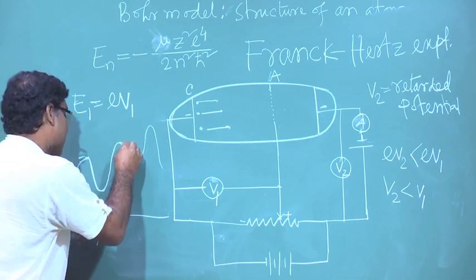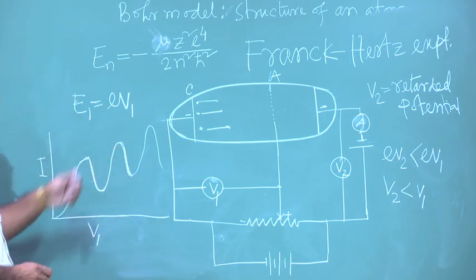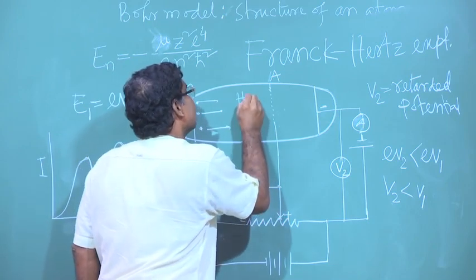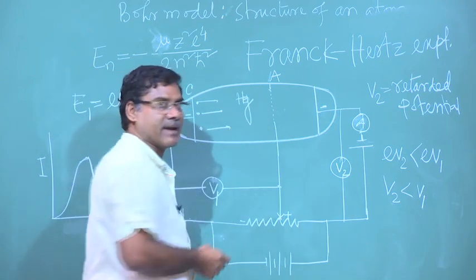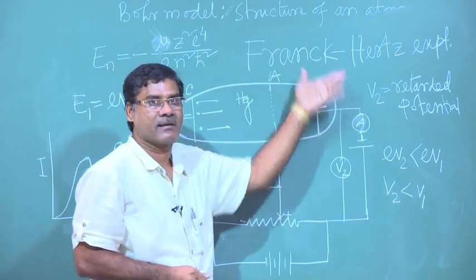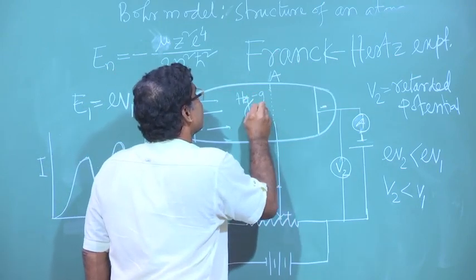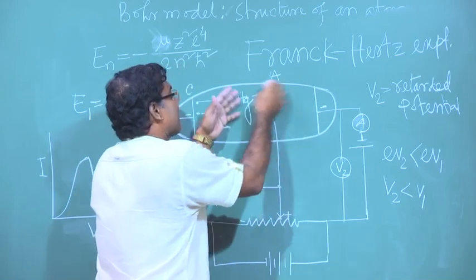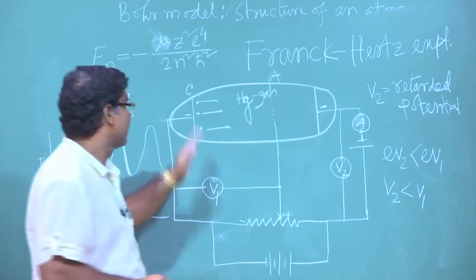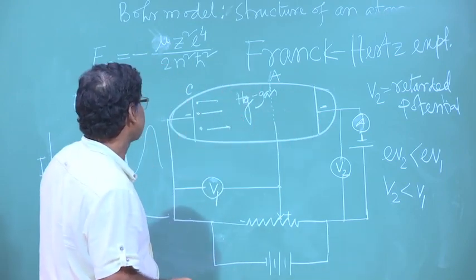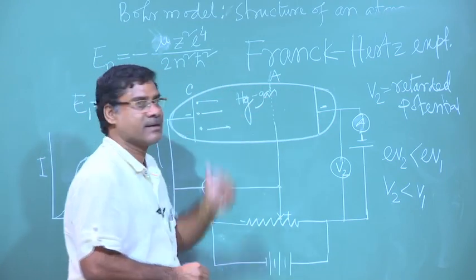Then at another voltage it suddenly drops. So, why does it drop? Basically here, initially any gas can be taken, but in the original experiment mercury gas was taken, at low pressure. So, mercury atoms are there.